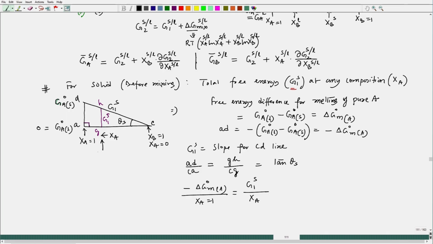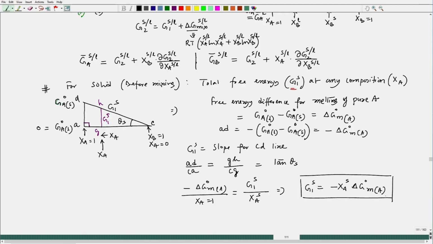So let us say this particular point is XA, the arbitrary composition we have chosen between two extreme positions, XA equal to 0 to XA equal to 1, and all the compositions are with reference to A, remember. Then from this we get G1S equal to minus XA delta G naught M A, and remember this is for solid. So this is the equation we are getting.